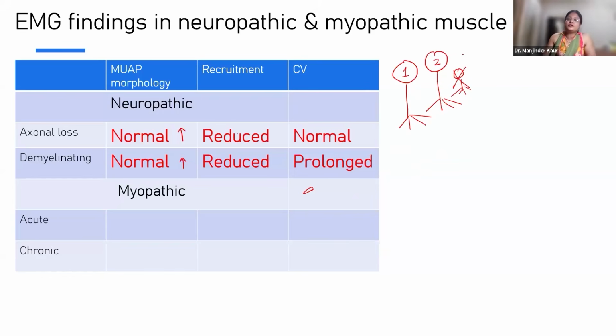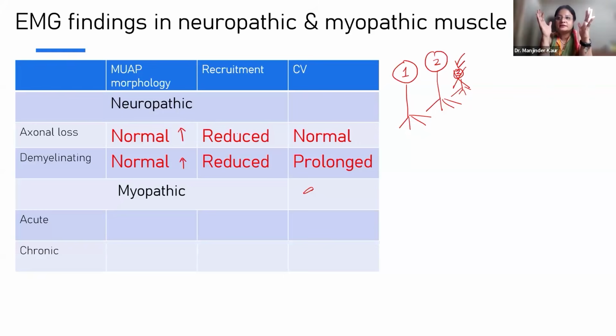The fibers which were to be recruited by this motor unit 3 will not be able to recruit. So, when the person is trying to contract against resistance, or the person needs more power, he is not able to generate more power. Hence, the recruitment is affected in a patient with neuropathic muscular weakness.